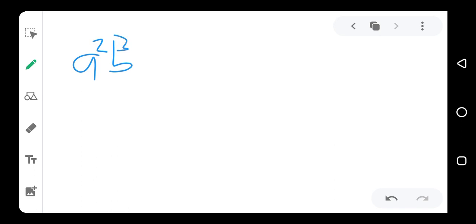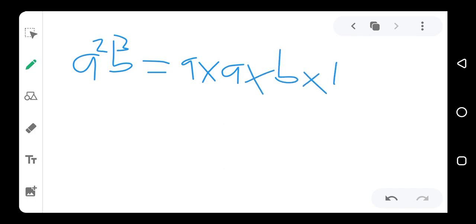To get this in the expanded form, just pick each of them and look for the number of times they are occurring using the power. a raised to power 2 is a times a, that is a coming 2 times, and b raised to power 3 is equal to b times b times b.